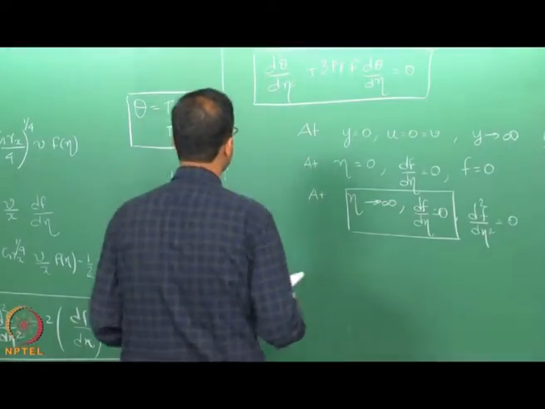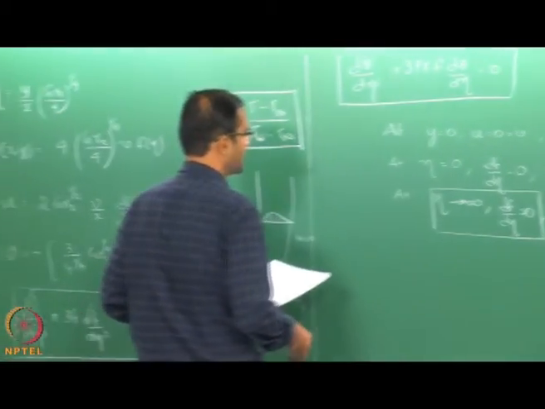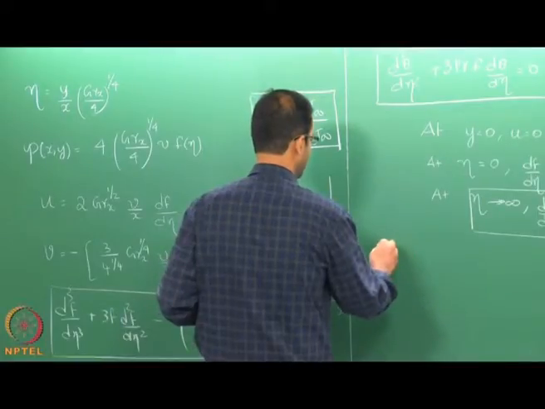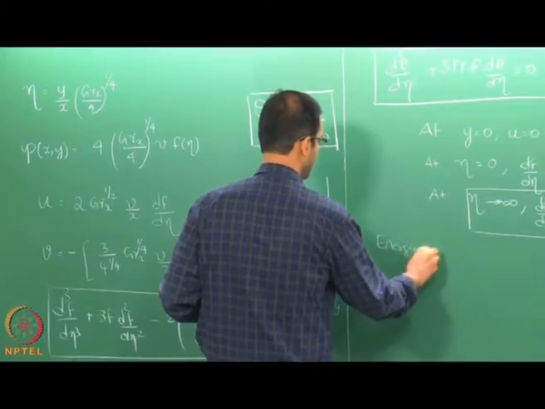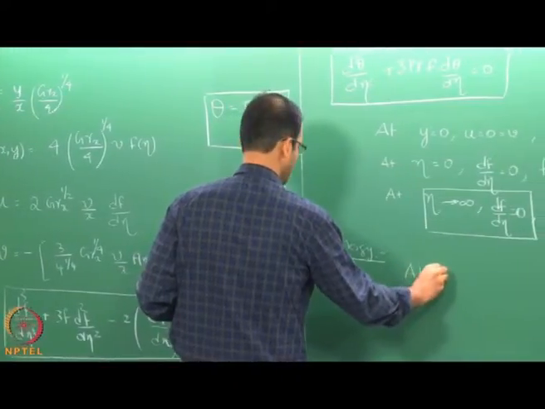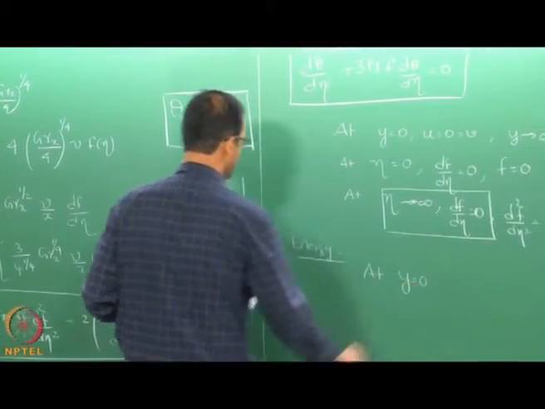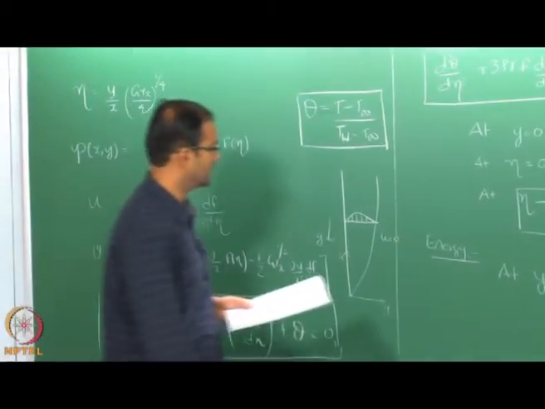Similarly, let us write it down for the thermal boundary layer. So, for the energy equation, at y equal to 0, what is the temperature?